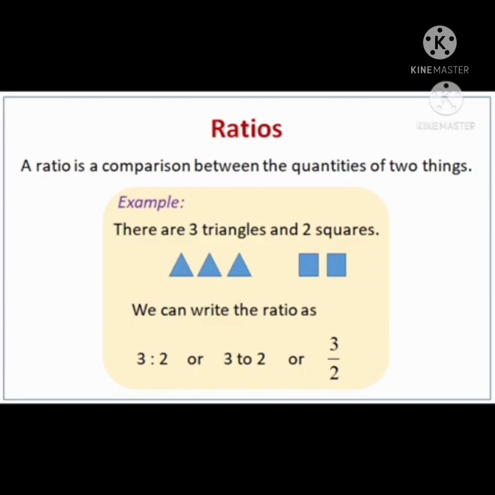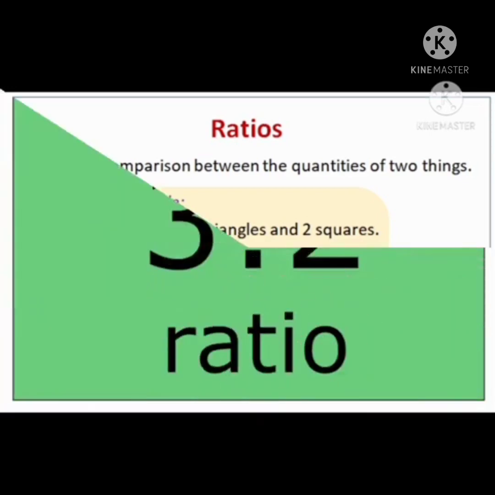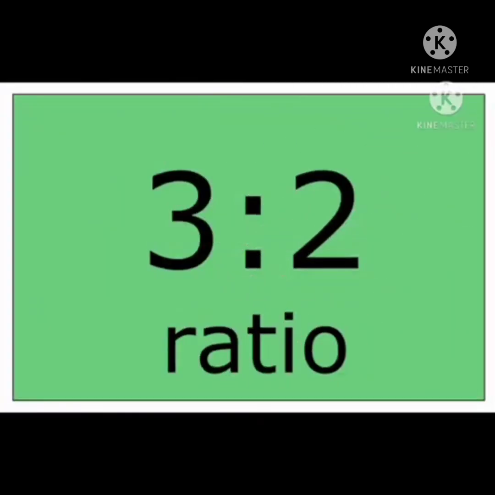For example, there are three triangles and two squares. How many triangles are there here? Yes, three triangles. And how many squares? Two squares. How will we write the ratio here? 3 is to 2.